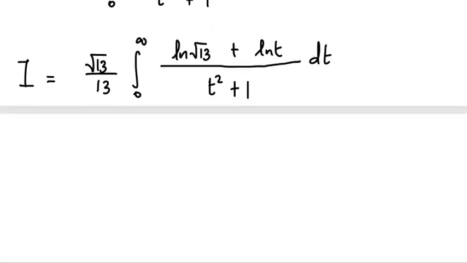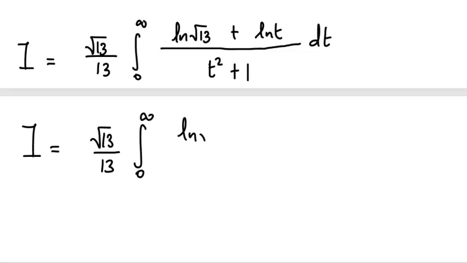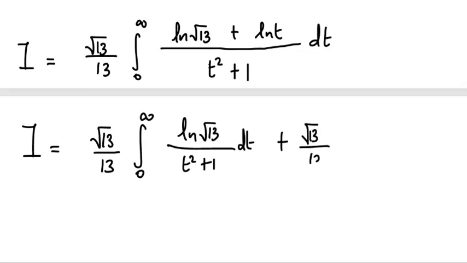Now it is time to split the numerator and evaluate the two different integrals separately. So here we have I equal to root of 13 divided by 13, multiplied by the integral from 0 to infinity of the natural log of root of 13 divided by t squared plus 1 dt, and then plus root of 13 by 13, multiplied by the integral from 0 to infinity of the natural log of t divided by t squared plus 1 dt.